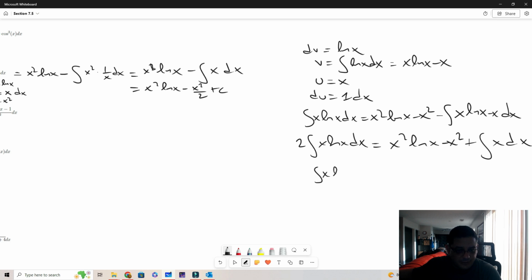So this means that the integral of x log of x dx is going to be x squared divided by 2 log of x minus x squared divided by 2 plus x squared divided by 2 as well. Okay, and plus c.